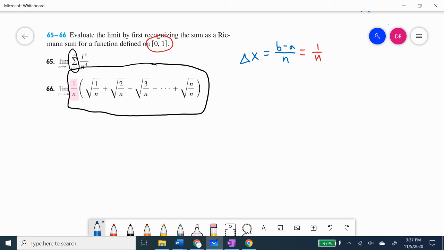Now I turn to my formula for x sub I. My x sub I is always going to be a plus the width multiplied by I. If a has to be 0, then I'm looking at just the delta x, which is 1 over n multiplied by I. So that means I am trying to look for I over n in each of these.